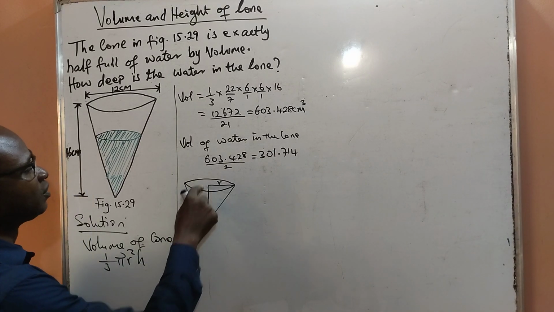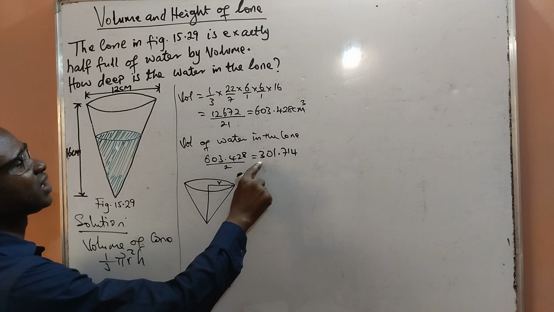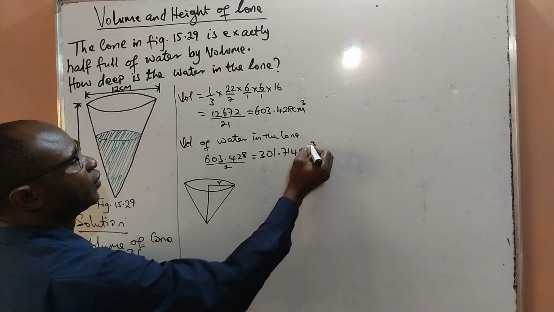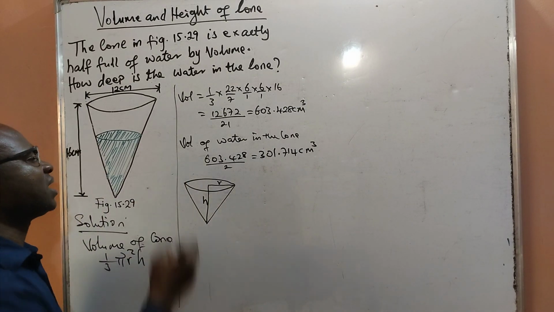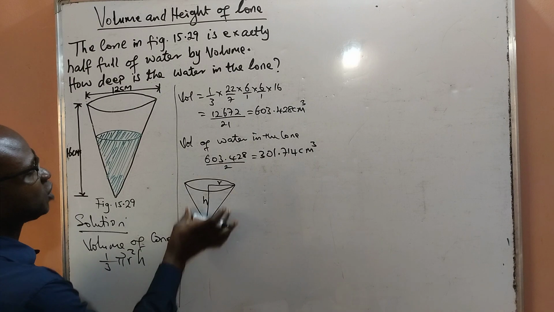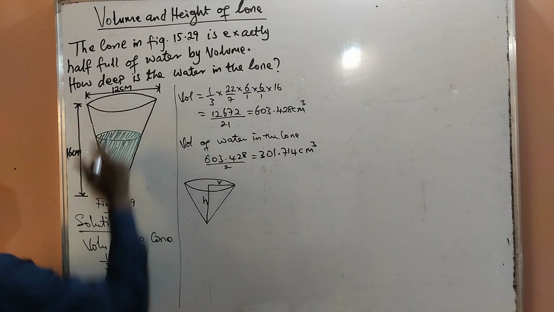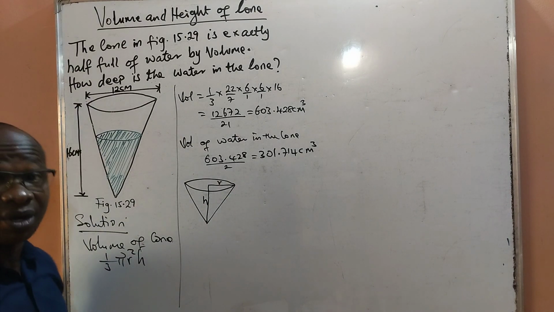I have known the volume of the water, which is 301.714 cm cube. Now, I want to know the height of the water in this cone. This part of the cone drawn here is the part of the cone that is having the water content.